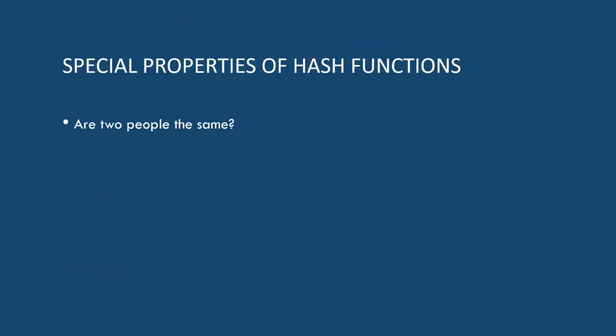Okay? Now, just before we move on, it's good to point out some of the things that hash functions allow us to do. If I want to know if 2 people are the same on the internet, right? If I'm mailing out junk mail, and I say, oh, I've got 2 Jeff Yateses here, one of them lives at this address and one lives at another address, but all the other data is the same, right?